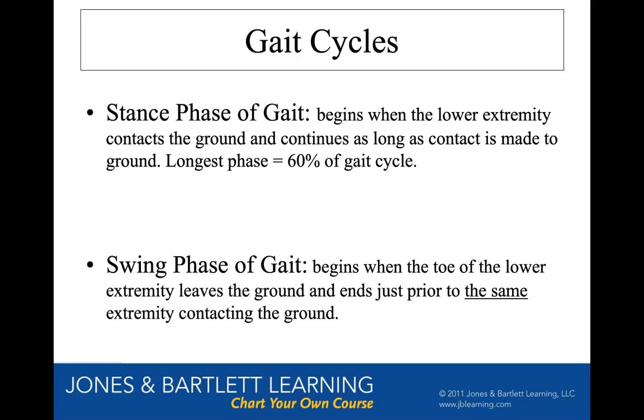For about 98 to 99% of the time when we're walking, we're always standing with one foot in stance phase and one foot in swing phase. And then in a blink of an eye, we switch. The feet switch, and then all of a sudden they're vice versa. The other one's in stance and the other one's in swing. Stance is about 60% of our gait cycle. Swing phase is about 40% of the gait cycle.